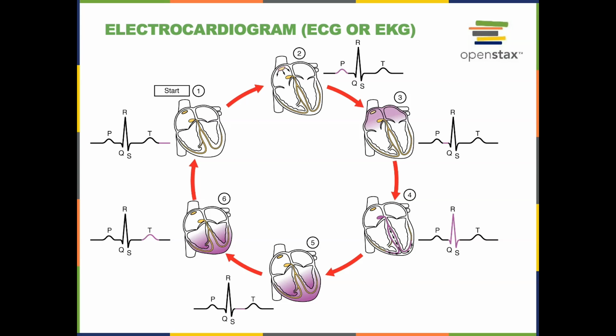We see the action potential spreading from the AV node down through the AV bundle branches and Purkinje fibers, leading to ventricular depolarization. Then we have ventricular systole during the ST segment of the ECG.